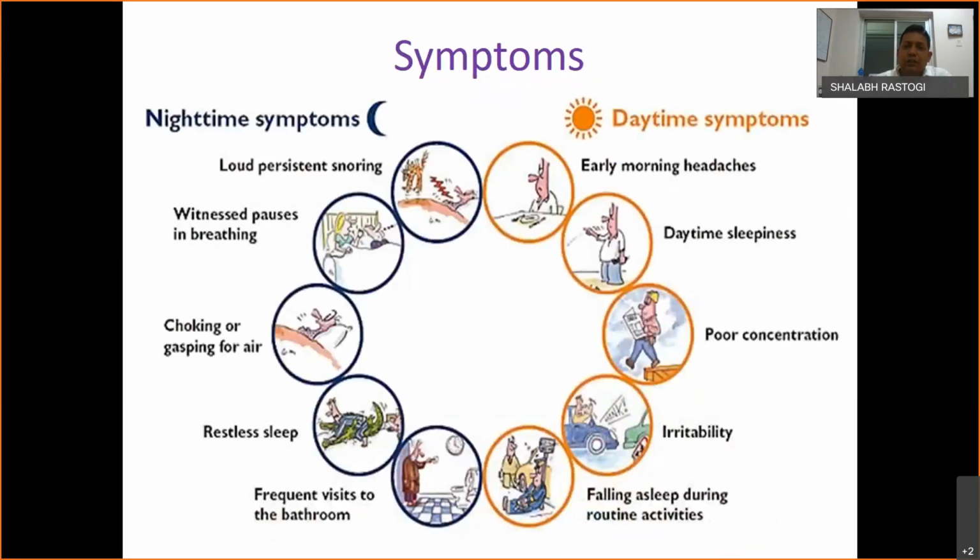So, what are the symptoms? They can be divided into daytime symptoms, when the patient is feeling fatigue and might be having headache. There is daytime somnolence, increased irritability, and sometimes the patient falls asleep during routine activity when there is a small period of non-disturbance.